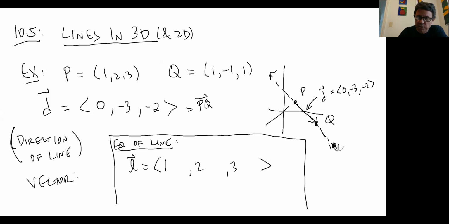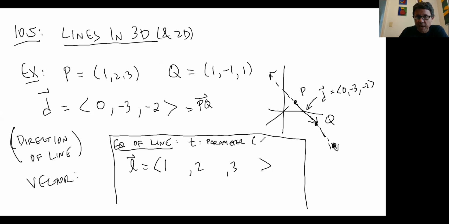So I'd have 2 copies of D or 3 copies of D. If I wanted to get anything back the other direction, I would go negative copies of D. If I wanted to go things in the middle, I take half of D, or a third of D, or a quarter of D. Any multiple of D would give me points that are in the middle. So I use T as my multiple, or my parameter, the fancy word for it.